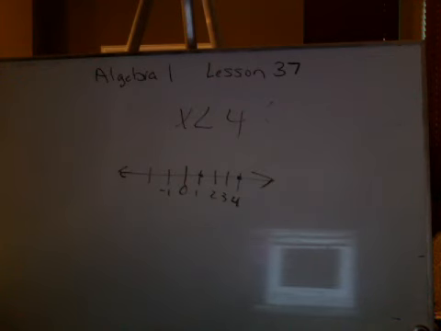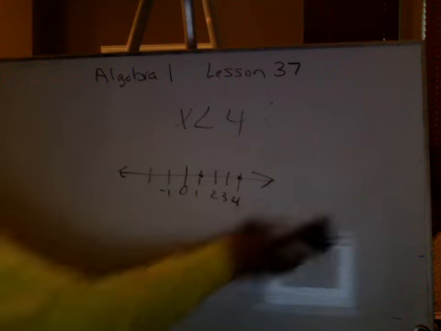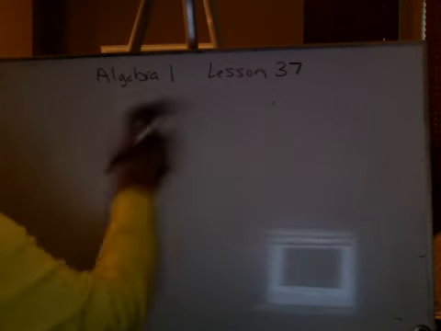Okay? Basically, any number that's used to describe the physical distance from 0 is called a positive real number. And the opposite of this number is a negative real number.